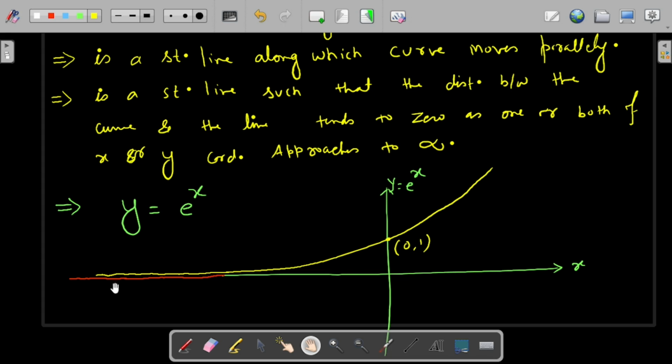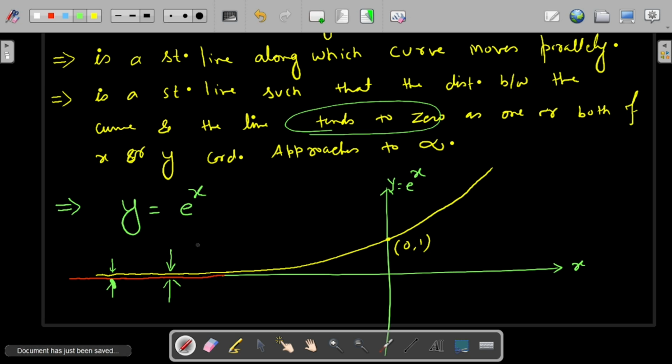As you can see here, the x-axis is that straight line along which my curve is moving parallelly. And according to the second definition, it is a straight line such that the distance between the curve and the line tends to 0. There is no gap, approaching 0 gap, when x approaches infinity, here minus infinity.